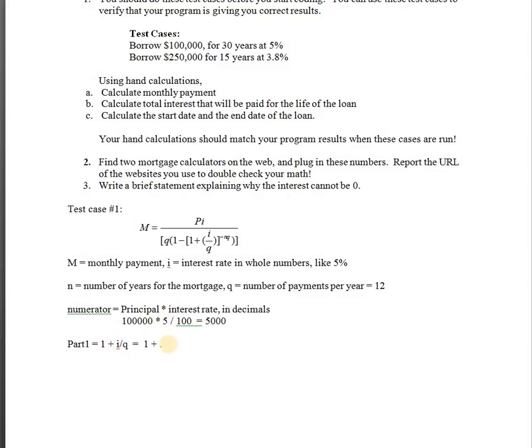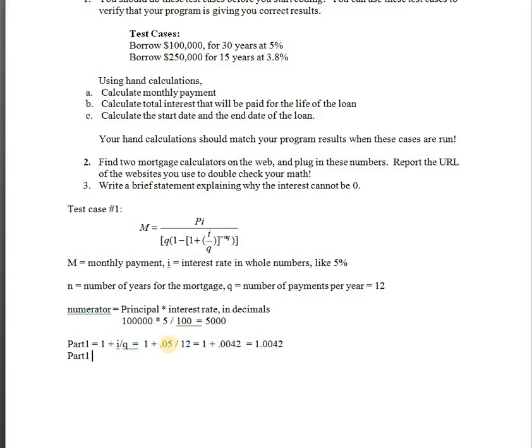So that's 0.05 divided by 12. That's actually the monthly interest. And that equals 1 plus 0.0042, so that equals 1.0042.